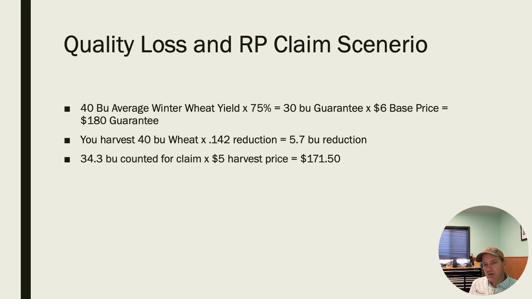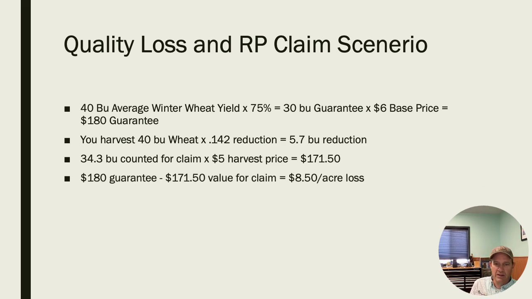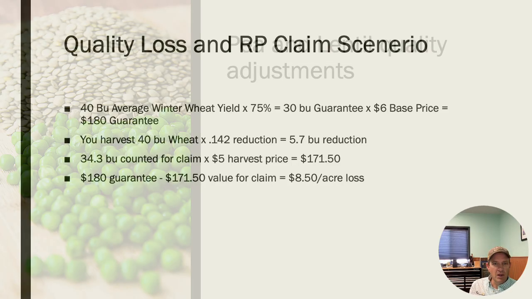So only $171 an acre of value for the claim. Remember our guarantee was $180. So in this scenario, we generate a shallow loss even though we cut our average yield on our wheat, of about $8.50 an acre. This can ramp up a lot if that became sample grade wheat or we had some other quality issues, but I just wanted to show you how even little blips of things like the price dropping and maybe having some falling number issues can generate a claim when you don't think that you have one sometimes.